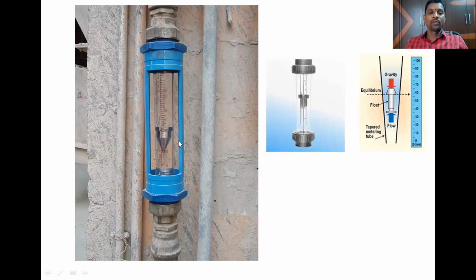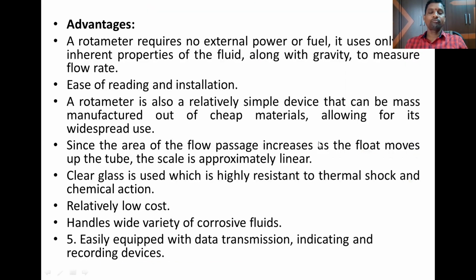Here you can see a metallic type float, or the boat, and a glass tube where there is a calibrated scale, calibrated for the velocity and quantity measurement. Here you are seeing a tapered boat, and here you can see a cylindrical type of boat or float. Now let us finish this topic with its advantages and disadvantages.